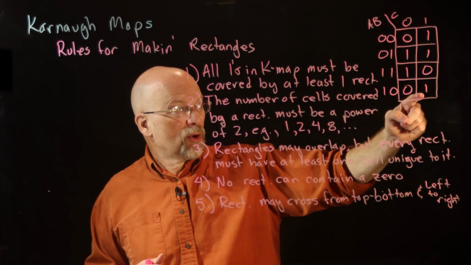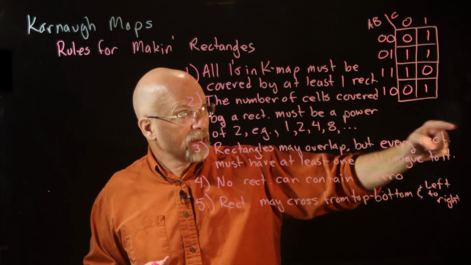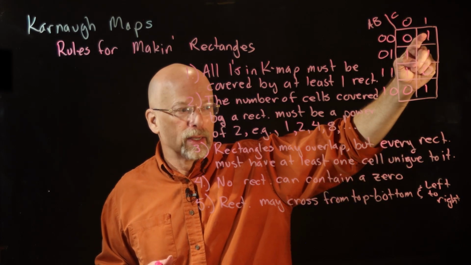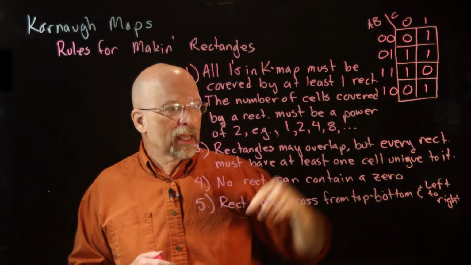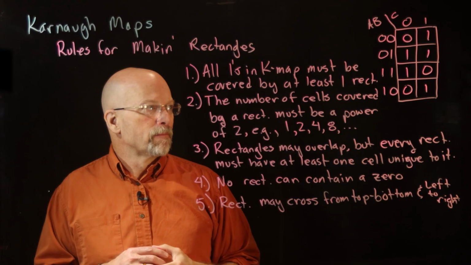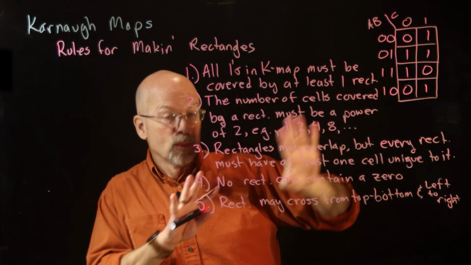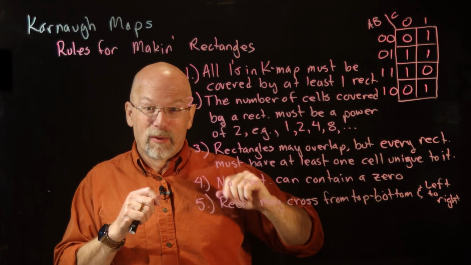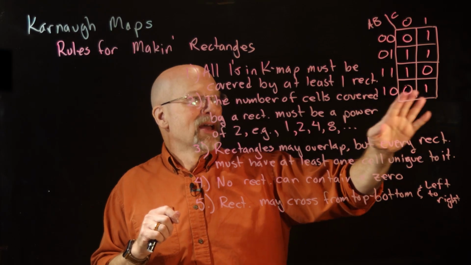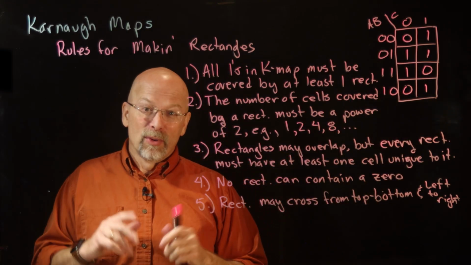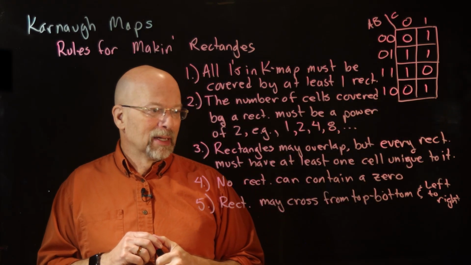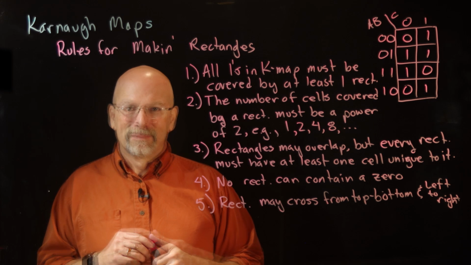So this cell right here is actually adjacent to this one. Those two are adjacent because of gray code. We'll also see, whenever we spread things out to a 4x4 Karnaugh map, that left to right, those are also going to be adjacent to one another.